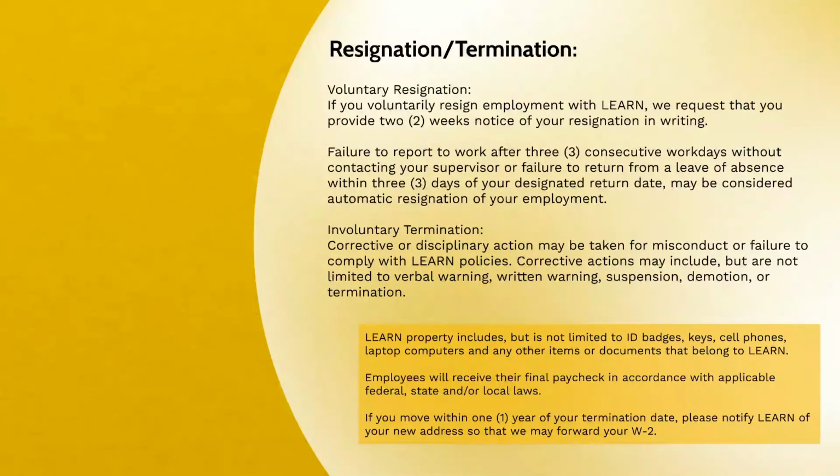When returning LEARN property, this could include, but is not limited to, ID badges, keys, cell phones, computers, and any other items that are documented as belonging to LEARN. Employees will receive their final paycheck in accordance with applicable federal, state, or local laws. If you move within 1 year of your termination date, please notify LEARN of your new address so that we may forward you your W-2.